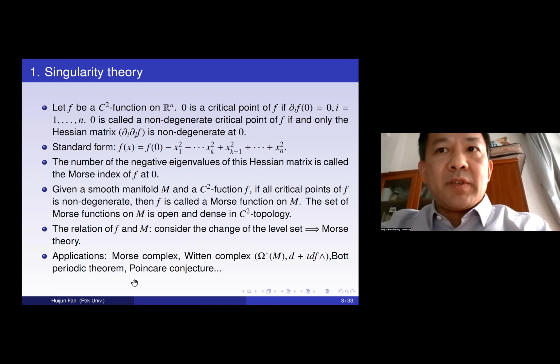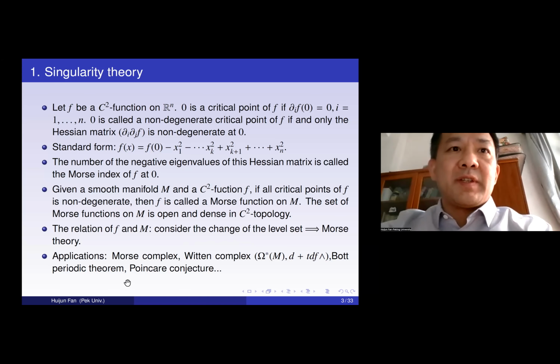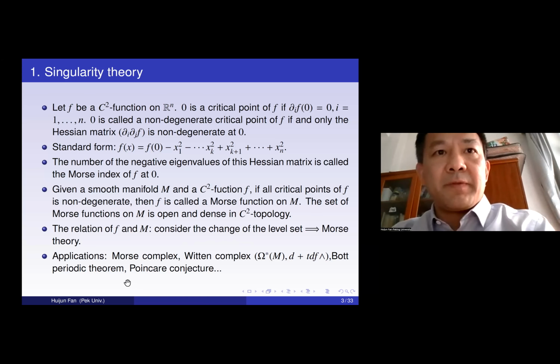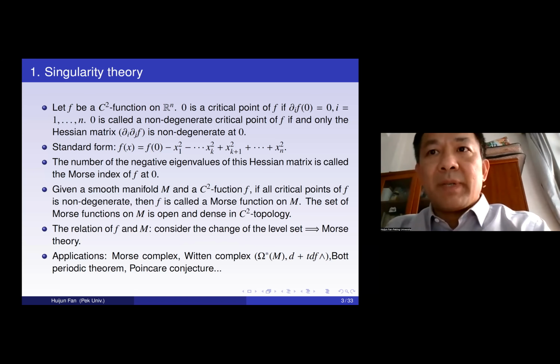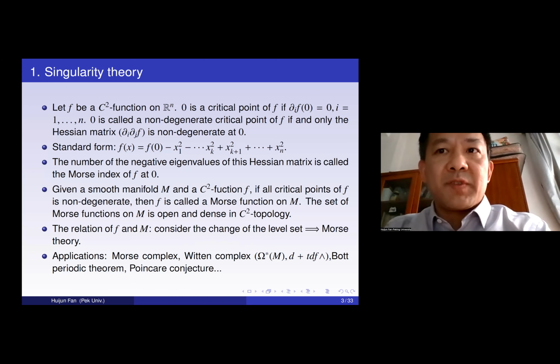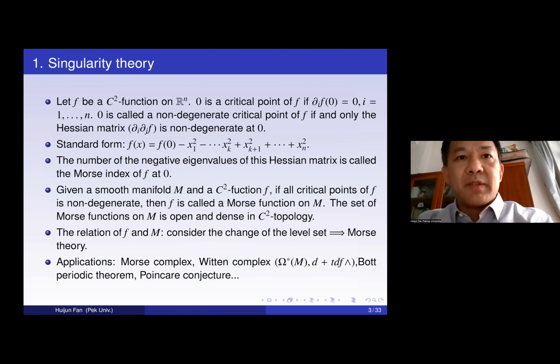Morse theory is very important in the field of geometry. For example, we have many applications. We can study the Morse complex, the Witten complex, and use techniques from Morse theory to get the Bott periodicity theorem and solve the Poincaré conjecture in higher dimensions. So this is the real case.